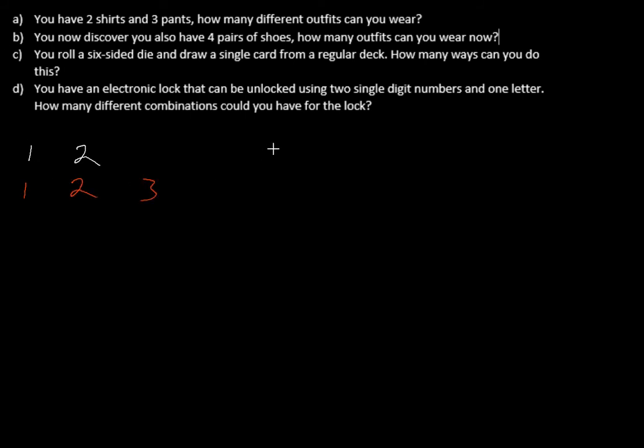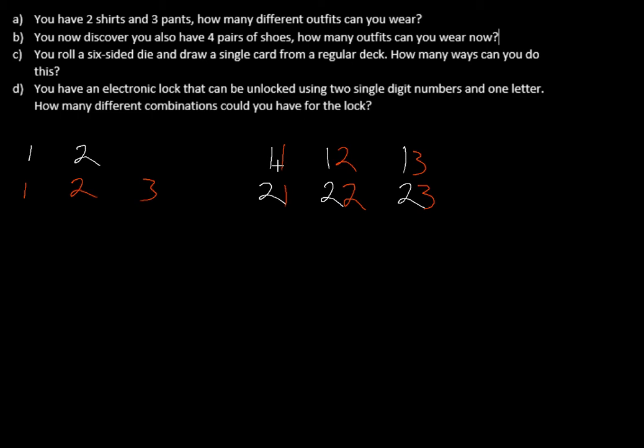Which means I can have the first shirt and the first pair of pants. Or I could have the first shirt and the second pair of pants. First shirt, third pair of pants. Then I can go through and say, oh, but what if I wear the second shirt? Well, then I can pair it with the first pair of pants, second shirt, second pair of pants, second shirt, third pair of pants.